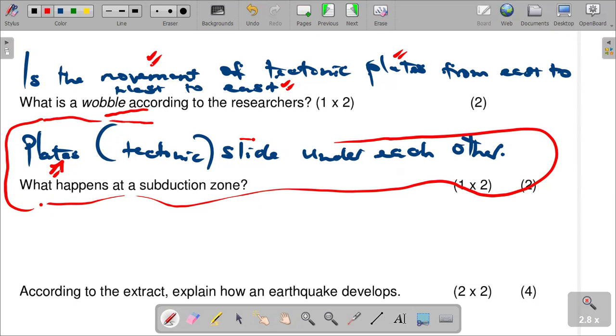Plates slide under each other at the subduction zone.